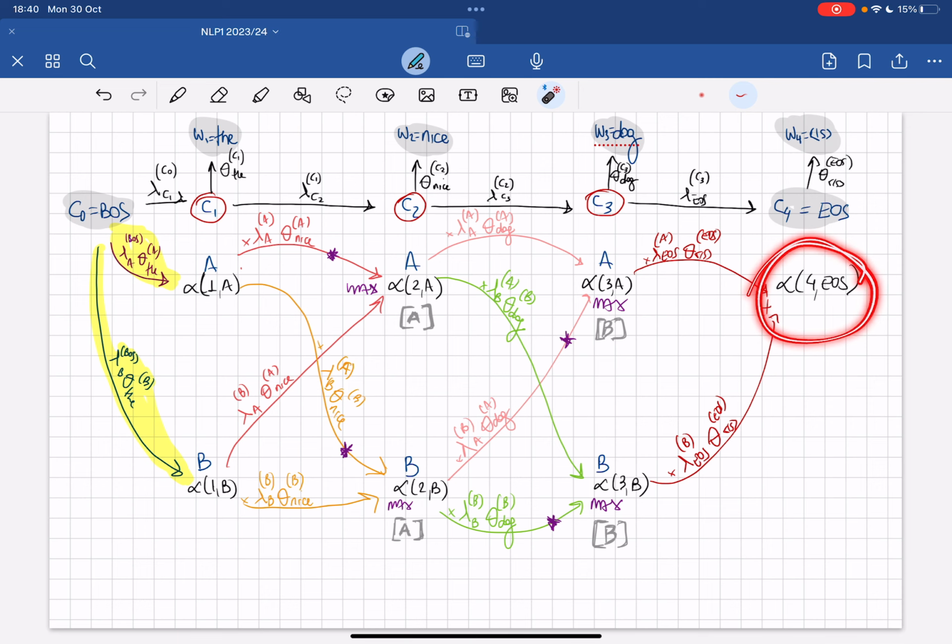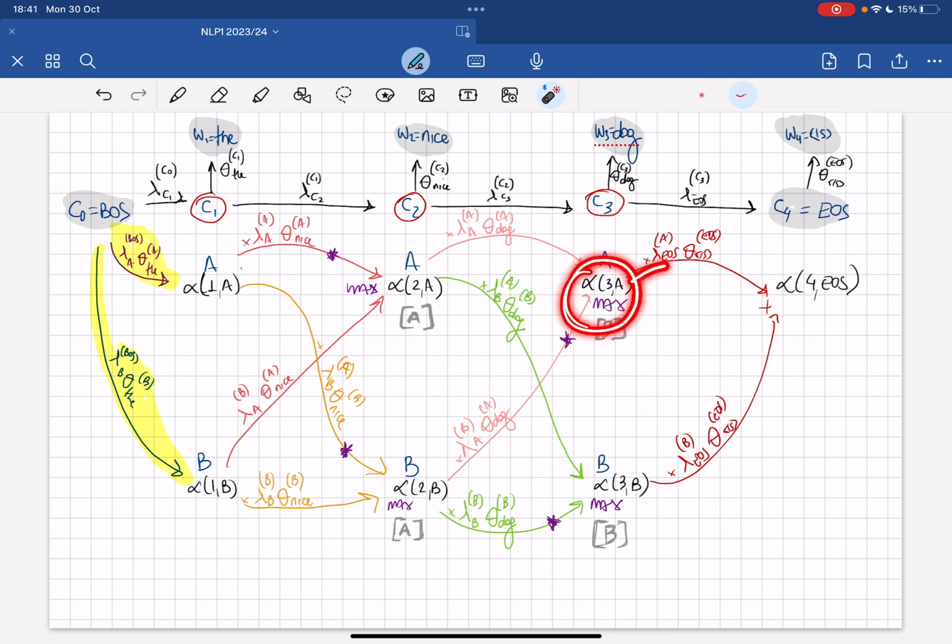Last but not least, we solve the probability value of the best sequence that ends in C4 EOS, W4 end of sequence symbol. If we have the guarantee that at this point we have the probability of the best sequence that ends with this pair, then we know we have tagged all of the relevant tokens. To get here, we either extend a path that ended in C3a or a path that ended in C3b.